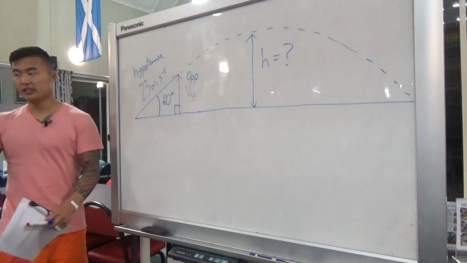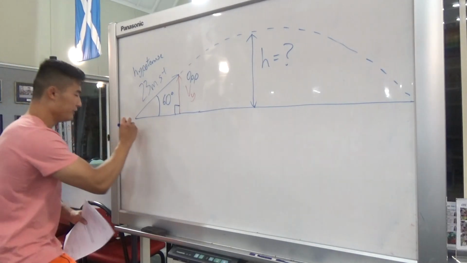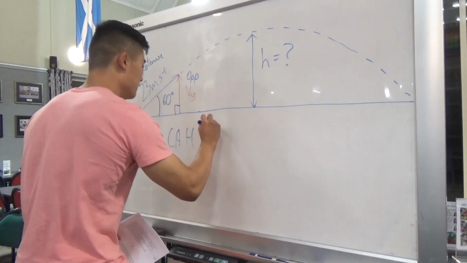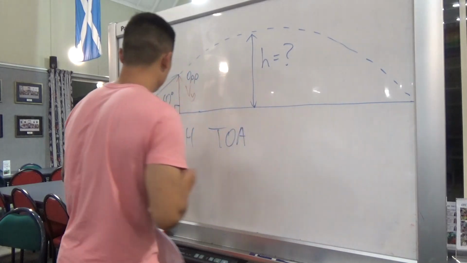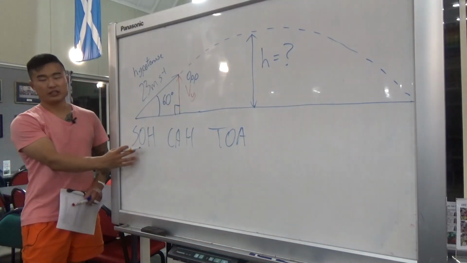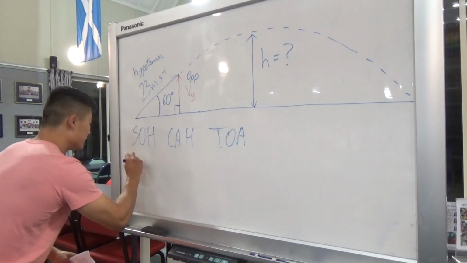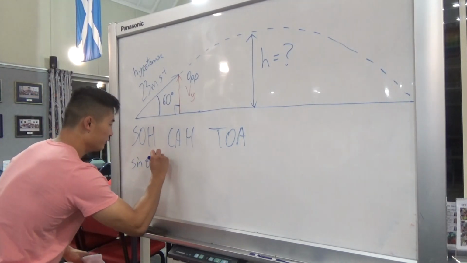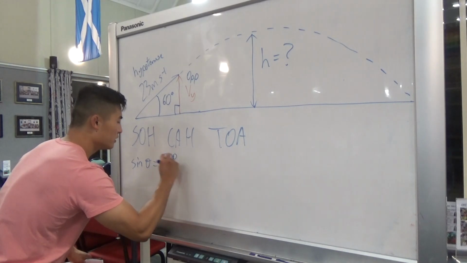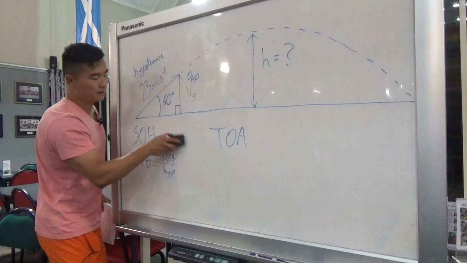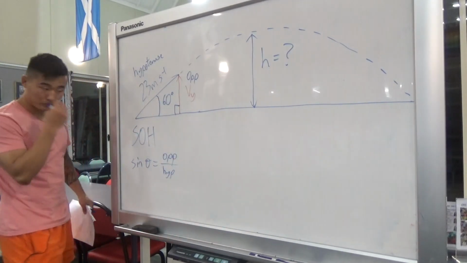So if we use SOHCAHTOA, we have O and H, so we're going to use SO, and SO is the sine of theta is equal to the opposite over the hypotenuse. Okay?